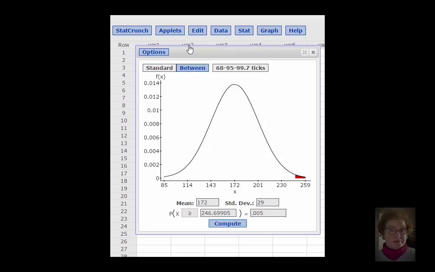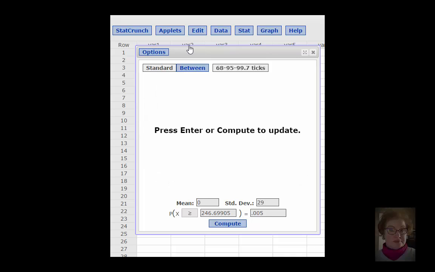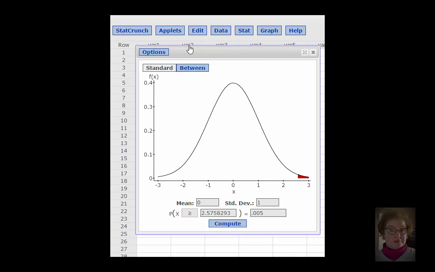Now we could have also done that as finding a z-score. So if the problem said what is the z-score, we're simply going to change our mean to 0, our standard deviation to 1. That's our standard normal distribution. We're going to get rid of that value for the x, keep it at 0.005, and you can see that our z-score is 2.575, which is exactly what we found on table A2.